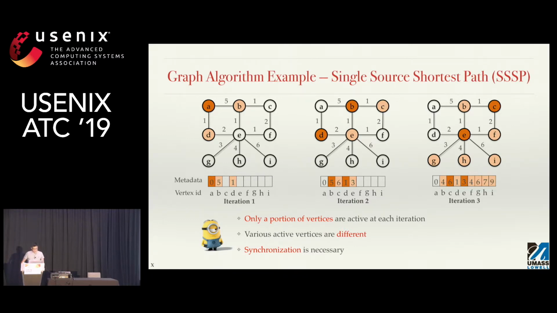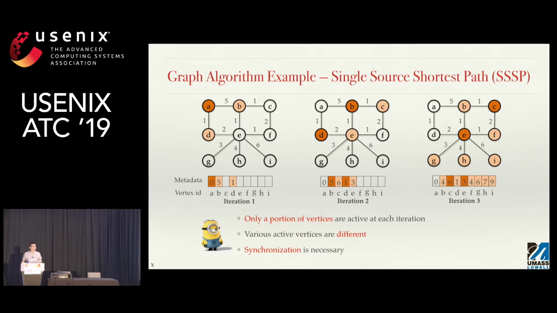Well, yeah, that's true. So if we assign the same number of threads to these two vertices, you suffer from workload imbalance, right? Synchronization is also necessary. As we can see here, from one iteration to the next, you have to get the updated values from the previous iteration in order to proceed.